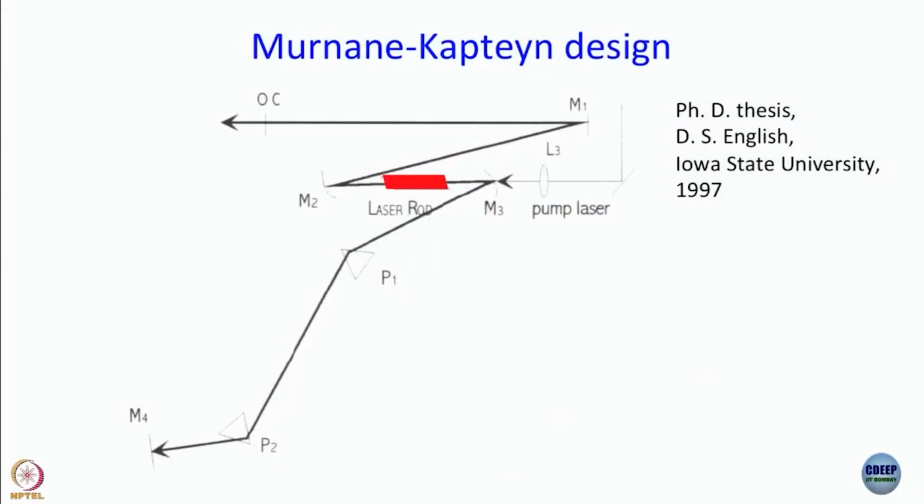Now, with that background, let me show you one of the earliest successful designs of a titanium sapphire laser. This is called the Murnane Kapteyn design. Kapteyn and Murnane are two professors at, I think, the University of Colorado at Boulder, but they have for a long time now launched a company which is quite successful, not so much in India, but across the world.